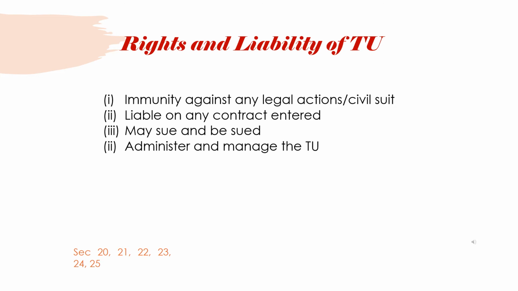And the trade union also has the right to sue and to be sued. Apart from that, it can administer and manage the trade union by appointing officers, on a registered office and keeping records, develop rules on trade unions, and also the rights relating to property, investment, fund, and account management.